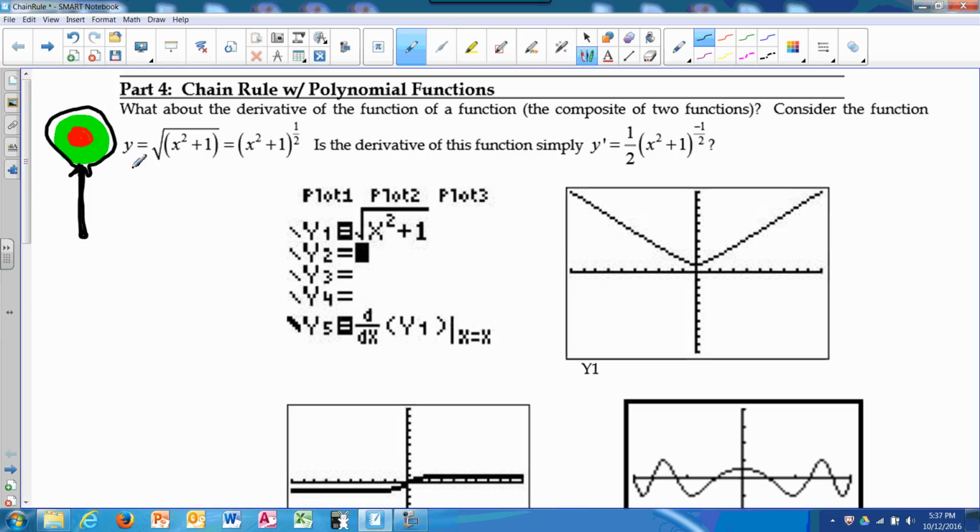So for example, if we were to rewrite the function y equals the square root of the quantity x squared plus 1, we rewrite that so that we can use the power rule. We have the quantity x squared plus 1 all raised to the half power. Now, if we look at the original function, the square root of x squared plus 1, we get this graph.